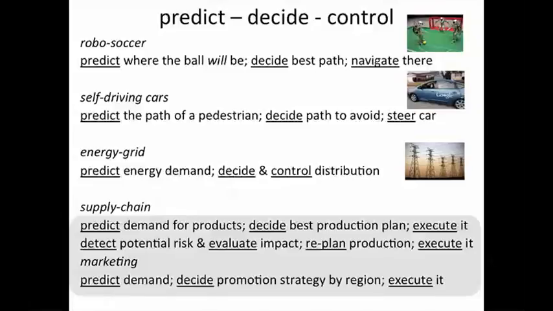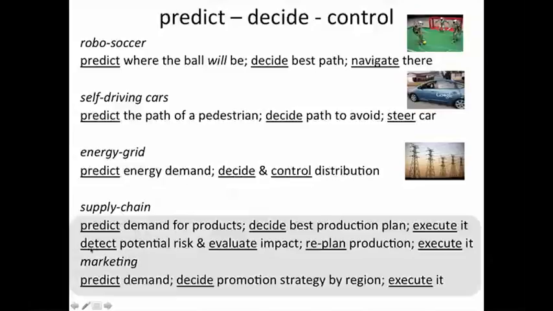Cars are a little bit more complicated because of things like pedestrians and overtaking and lanes, but still, one can imagine with a suitably implemented system actually doing this. And similarly, the energy grid, as I had said, is already there and running already today.